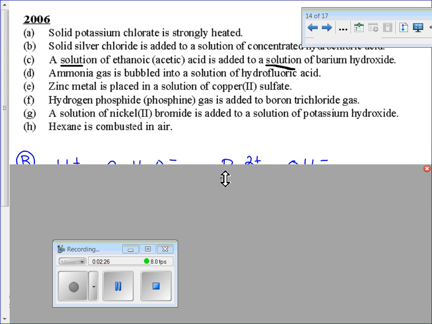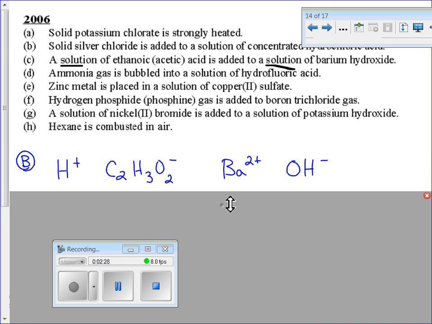The first thing again that I would do is figure out what my ions are so I can make my formula. Acetic acid: an ic acid without hydro on the front tells me I have an oxy acid, and it's the ate version of that ion. So I'm going to have acetate and then a hydrogen ion. Then I have barium hydroxide, so Ba +2, and hydroxide is OH -1.